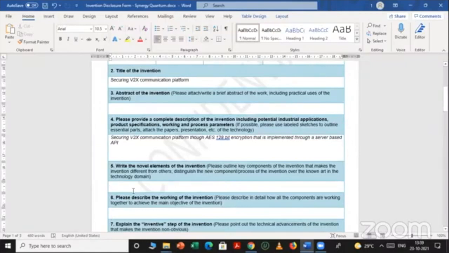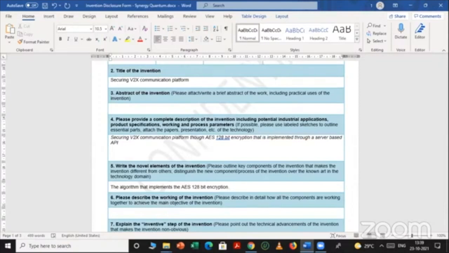So for the sake of discussion, I'm going to write here: the algorithm that implements the AES 128-bit encryption is the novel portion.